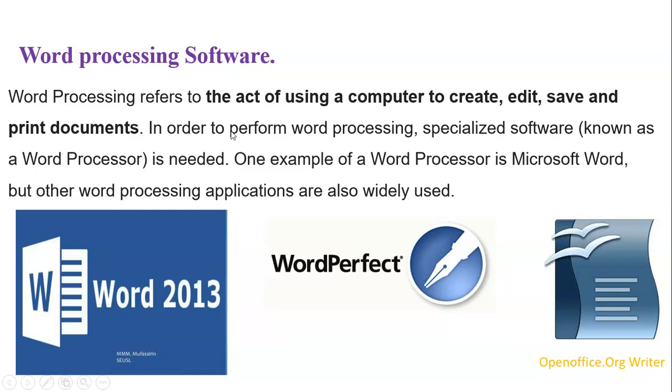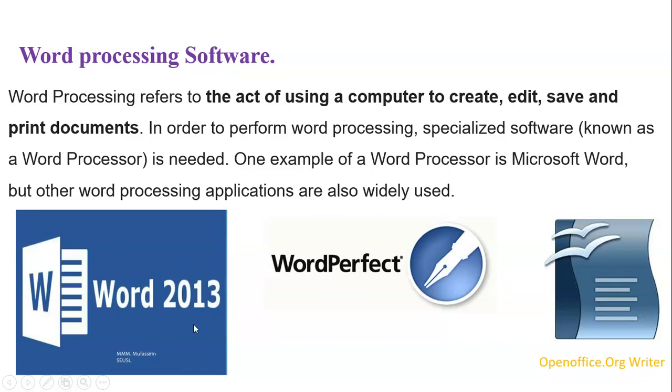In order to perform word processing, specialized software known as a word processor is needed. I told you it is a specific task, right? If you want to create, edit, save, print, we require a word processor application.